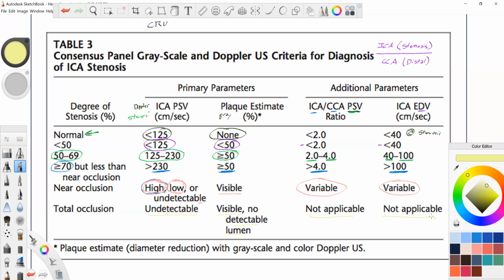So remember, and I'll use my gold colored here, the gold standard is going through this table and doing your best.